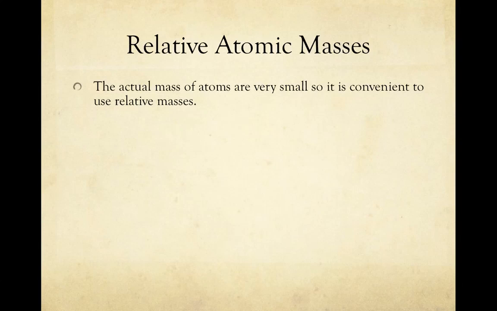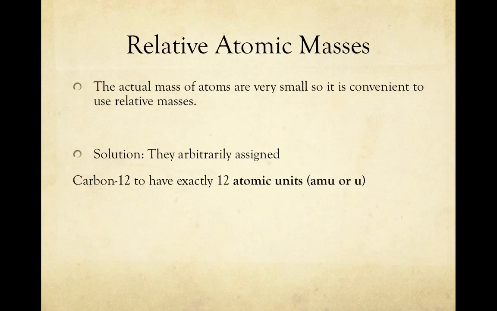So instead of having to write that all the time, we just define arbitrarily an AMU, or atomic mass unit, to be 1 proton, basically. So carbon-12 has 12 atomic mass units because, remember, neutrons and protons weigh the same.